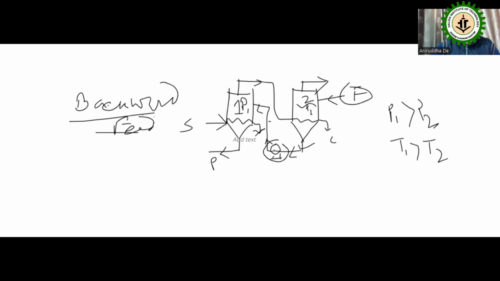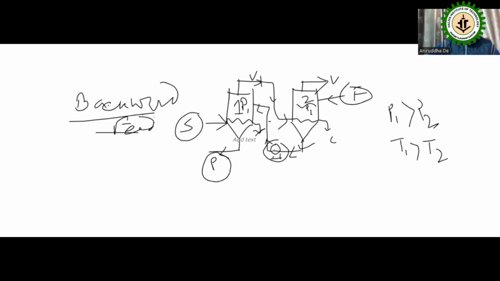The pump moves the flow from low pressure to high pressure, and finally we get the final product. The steam's vapor enters the second effect and we get condensate there. So this system is known as backward feed double effect evaporation.